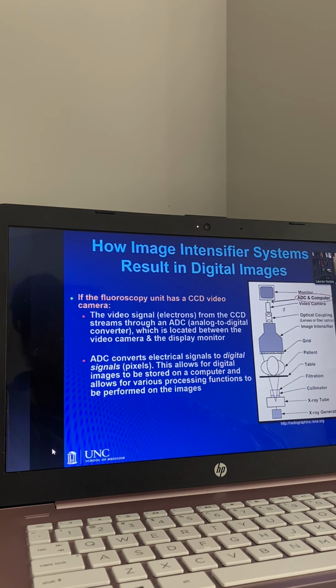If the fluoroscopy unit has a CCD video camera, the electrons generated in the CCD will stream through an analog to digital converter, and this analog to digital converter is located in between that CCD video camera and the display monitor. All right. So what in the world is meant by that?